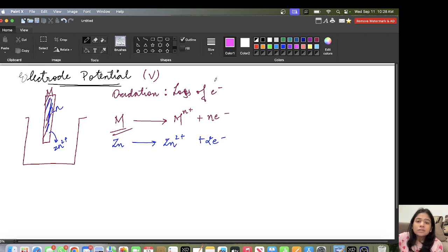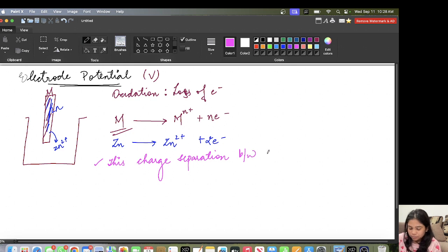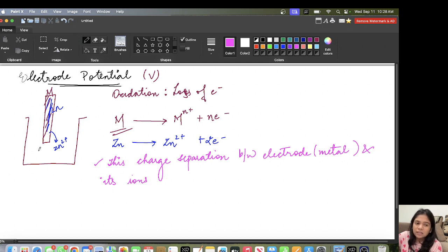So this charge separation between the metal, that is the electrode, and its ions in the electrolyte, under equilibrium, is called electrode potential.